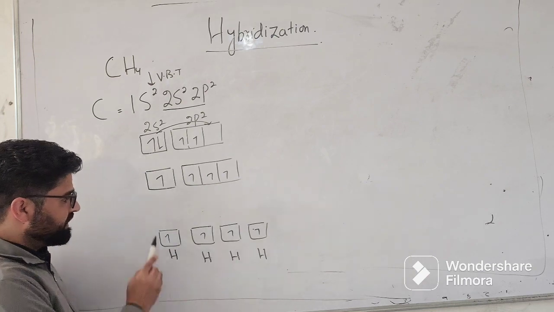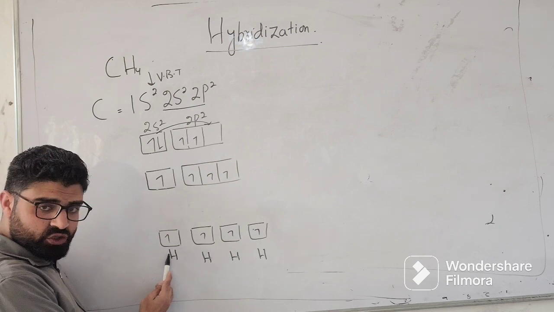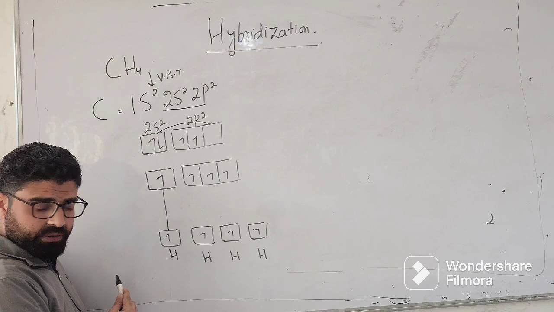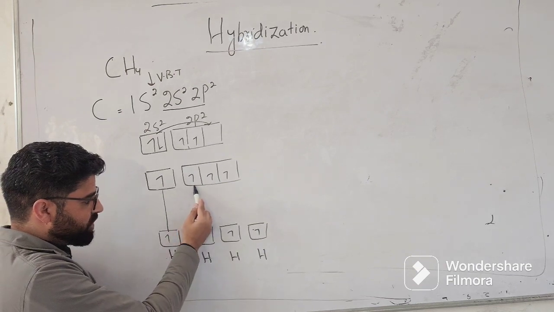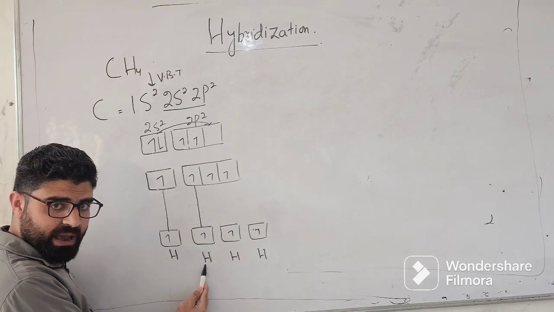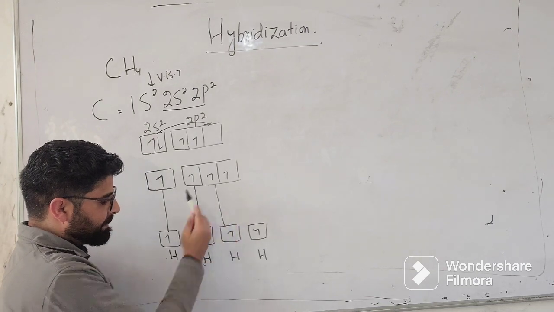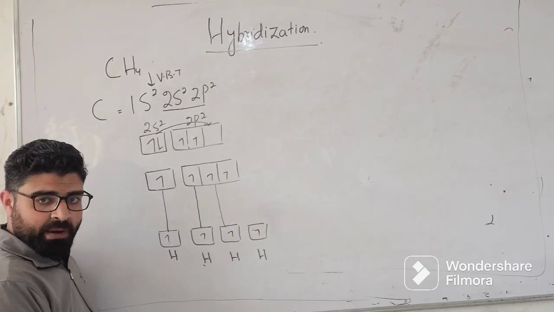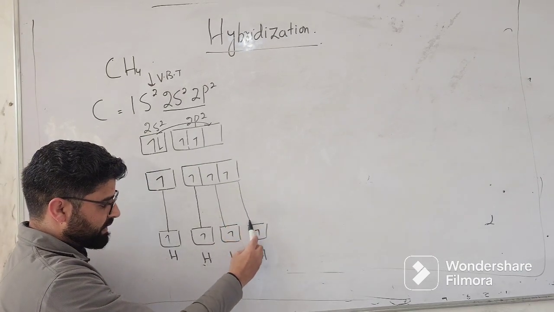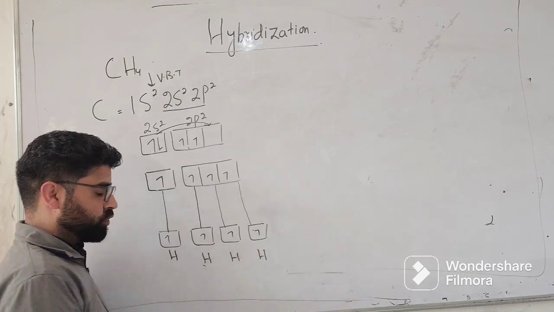So what will happen? The 2s orbital of carbon and the 1s orbital of hydrogen will overlap to form one sigma bond. Second, the 2px orbital of carbon and the 1s orbital of hydrogen will overlap to form the second covalent bond. The 2py orbital of carbon and the 1s orbital of hydrogen will overlap to form the third covalent bond, and the 2pz orbital of carbon and the 1s orbital of hydrogen will overlap to form the fourth covalent bond.